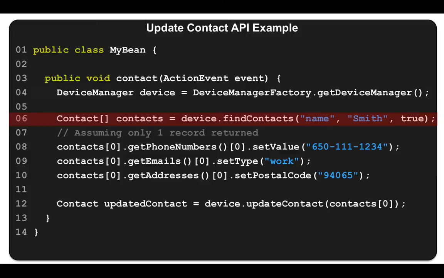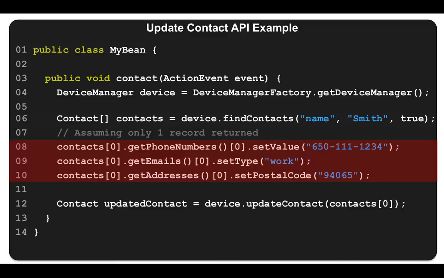So in this kind of convoluted example, on lines 8, 9, and 10, contact 0 says we're only going to work with the first contact that we actually find. And in this example on line 8, we're going to update the first phone number to 650-111-1234. Only for the first contact, we're going to update their first email address type to work, and the first address of the first contact, setting the postal code to 94065.